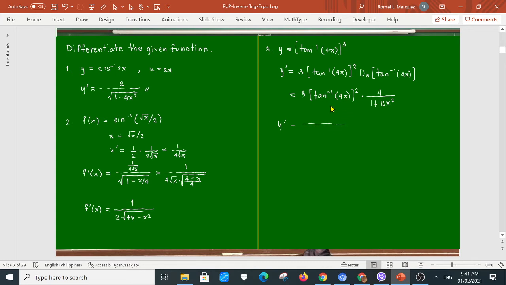If you're not comfortable writing inverse tan, you can use arc tangent if you want. 3 times 4, that is 12. 12 times inverse tangent of 4x raised to 2, over 1 plus 16x squared. Okay?